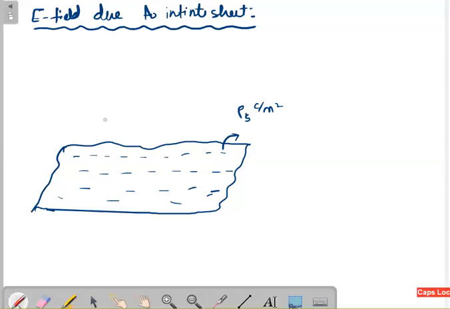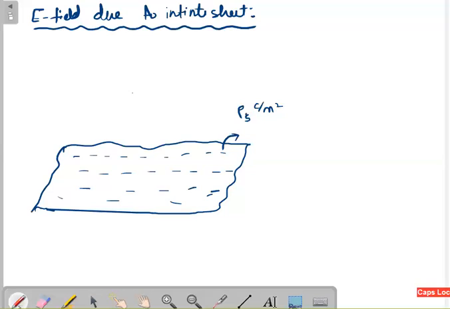Again, depending on the situation, you have to take the imaginary surface. For a point charge, your imaginary surface has to be in the shape of a sphere. For a line charge, your imaginary surface has to be in the shape of a cylinder. For this one, your imaginary surface has to be of cuboid nature, in some kind of rectangular shape in two dimensions.